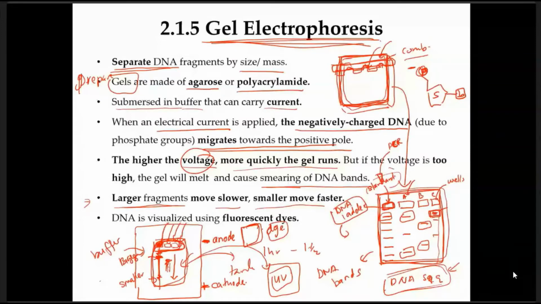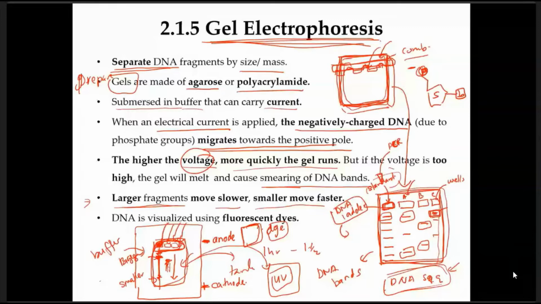Tak boleh. Lepas awak run gel electrophoresis, awak akan nampak dia putih macam tu je lah, kan? So in order for you to observe this DNA pattern, you have to observe under UV light. Before that, you have to dye using a dye to dye the DNA.